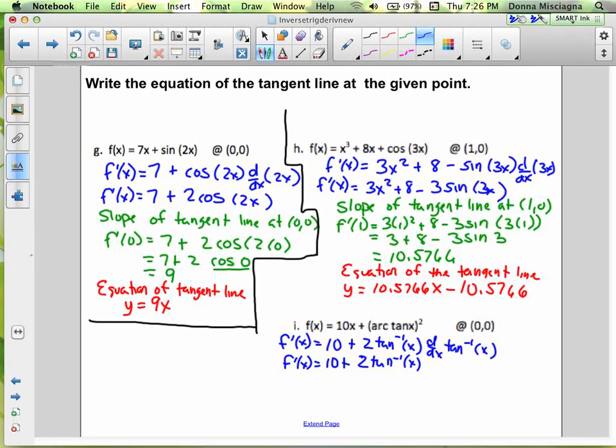The derivative of arctan x is just 1 divided by, because here our derivative of x is just 1, 1 squared plus x squared, or x squared plus 1. It doesn't matter which way I write that.